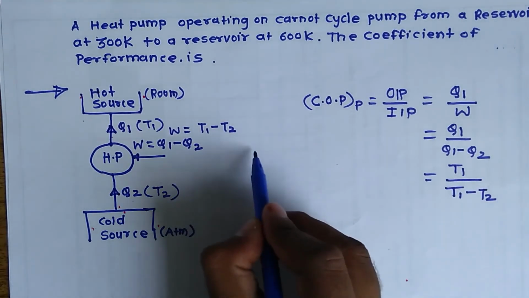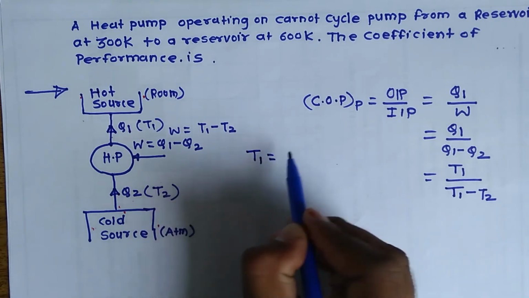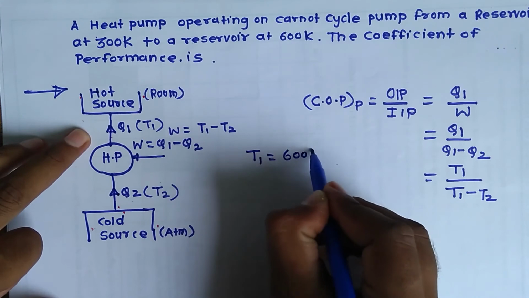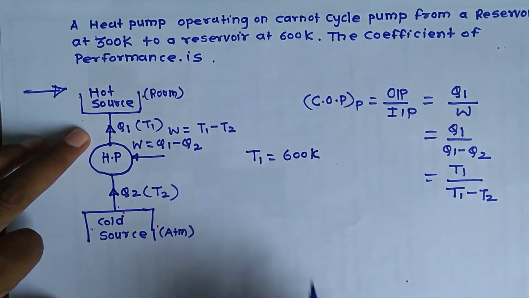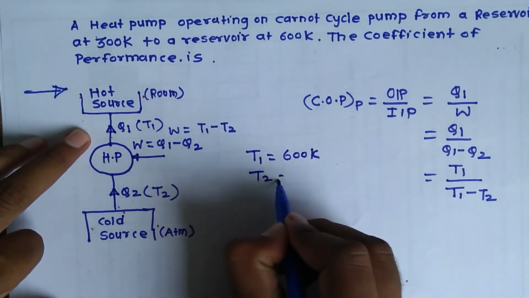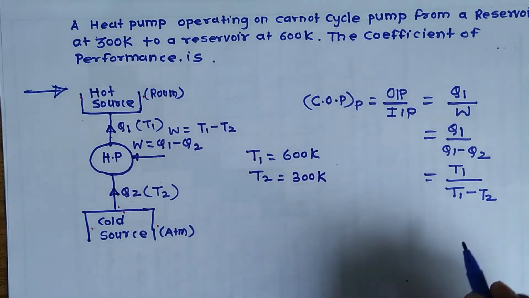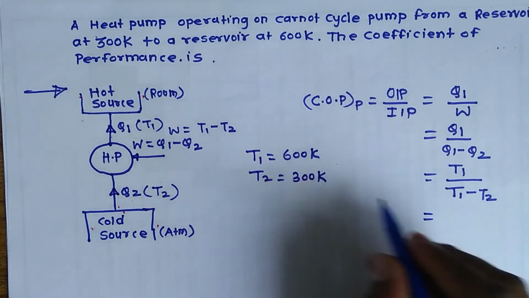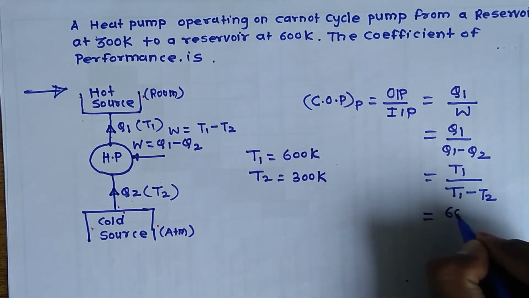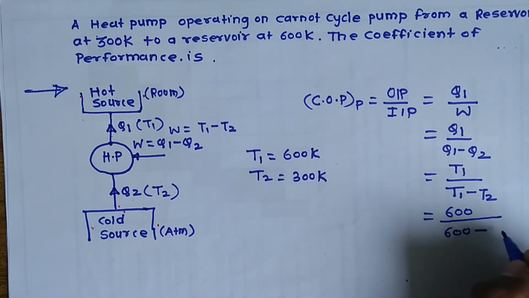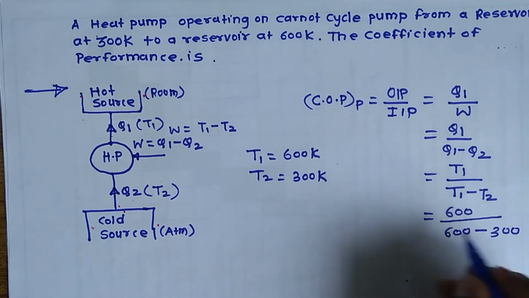So here T1 will be the higher temperature, 600 Kelvin. T2 will be 300 Kelvin. Okay, so we can put all the values here: 600 Kelvin divided by 600 minus 300.